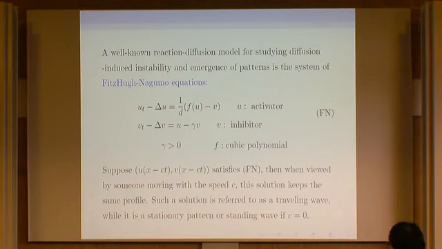And beta is a number between 0 and 1/2. And therefore, if you look at this function, 0 is a rest state.